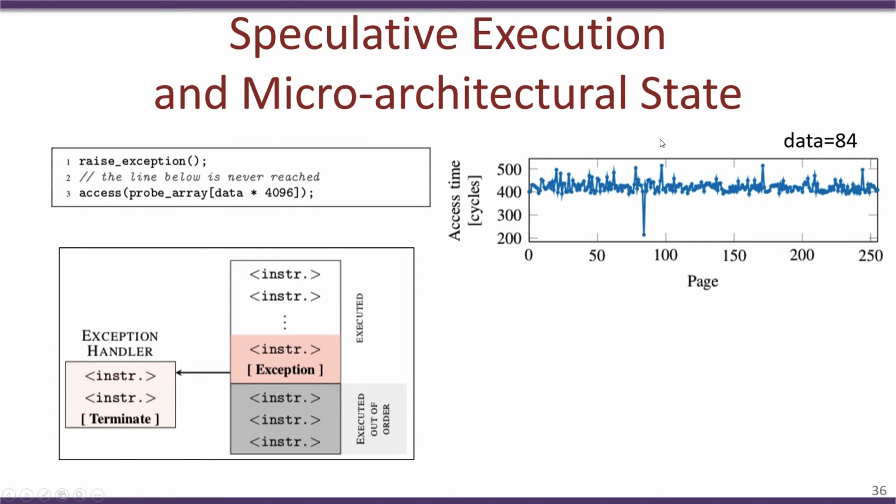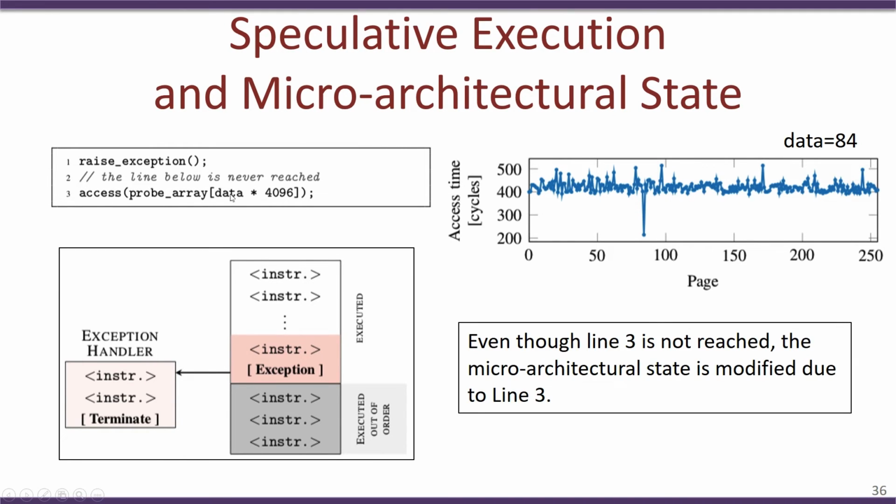So, in this particular figure, if you look at page numbers on the x axis and the memory access time, essentially making this memory access to probe underscore array, what we see is that the memory access time due to the speculative execution may be a bit lower corresponding to the value of data. So, over here, for example, the data has a value of 84, and therefore, at the 84th page what is observed is much lesser memory access time.